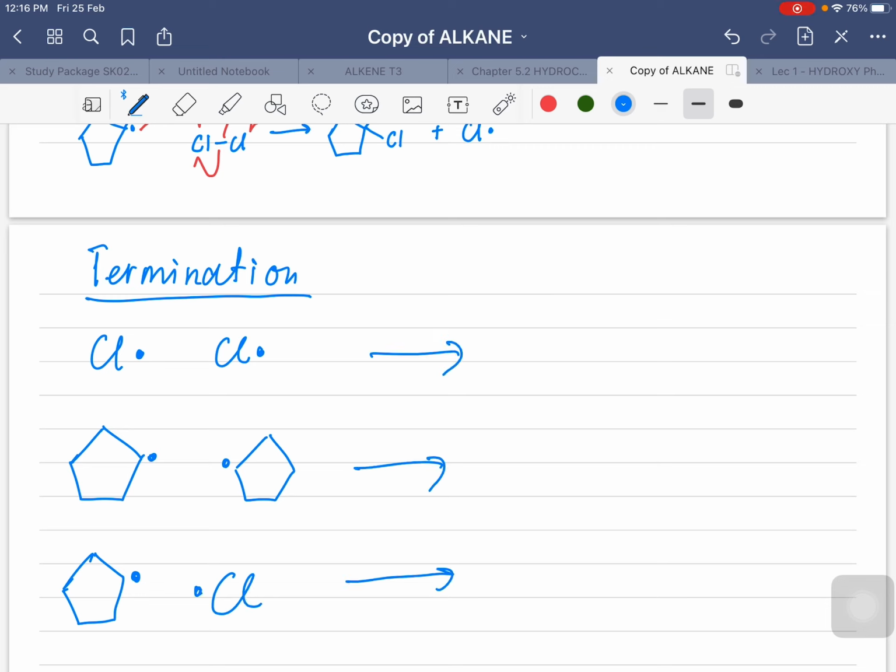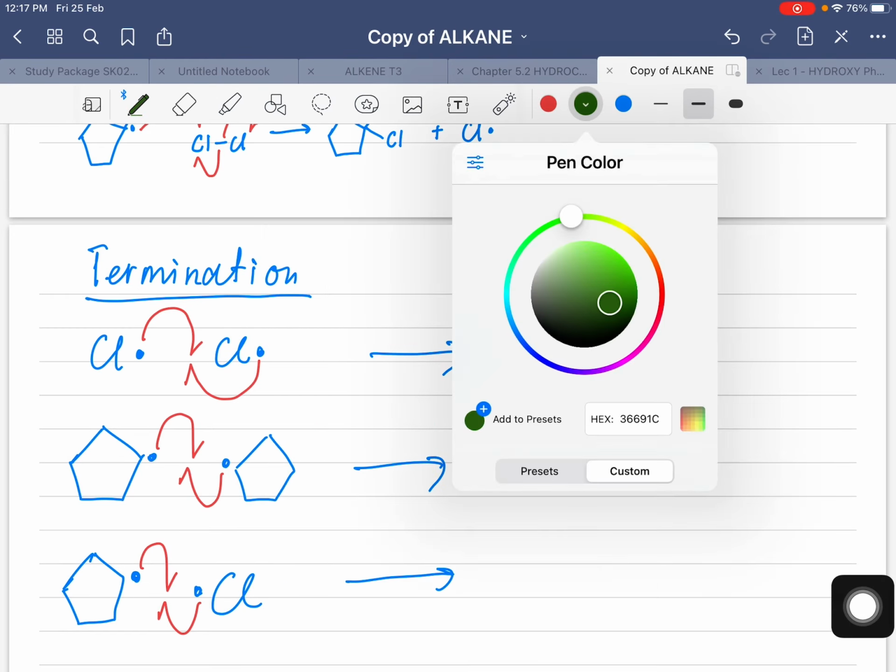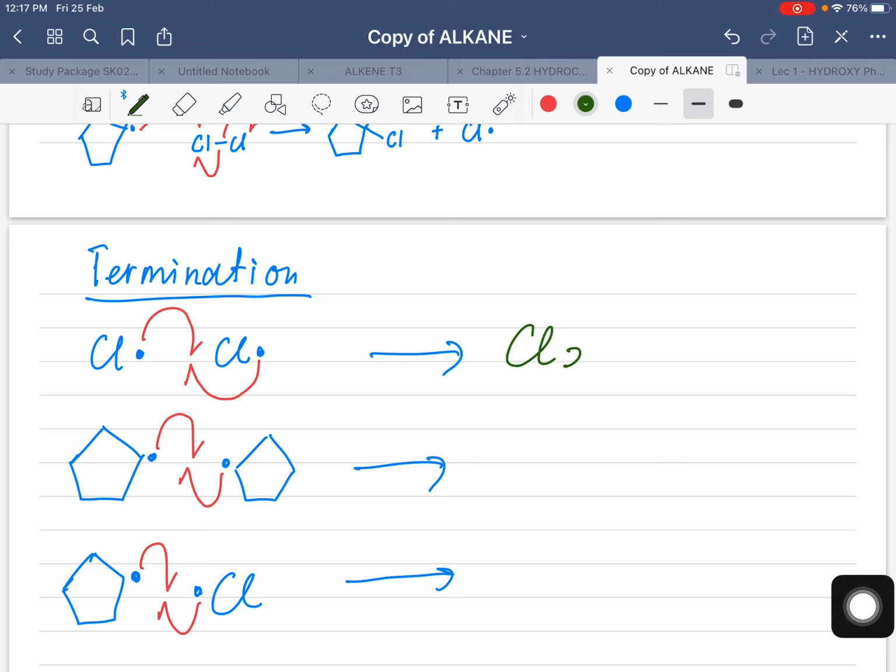So untuk stopkan tindak balas ni, mereka mestilah membuat bond yang baru. Buat bond anak panah bertemu, making a new bond. Okay, so bila dia bertemu, dia hasilkan apa? Cl2, and then this one.